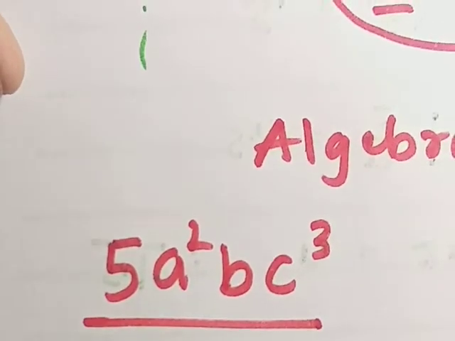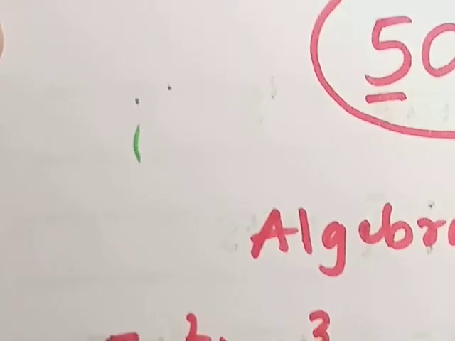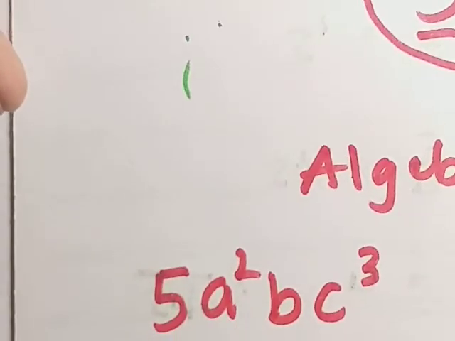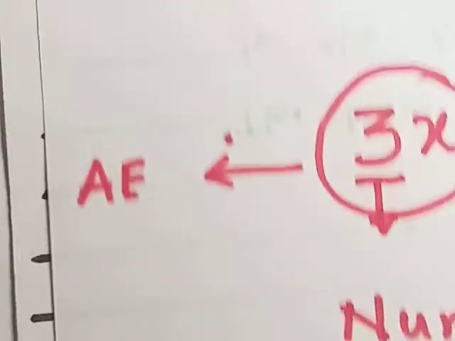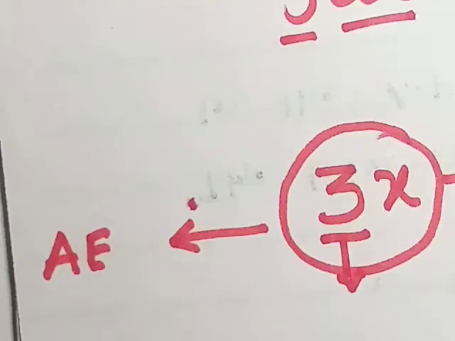Now, the relationship between the 5 and a square b c cube can be discussed with another simple concept called as coefficient. I take an example for you to explain.